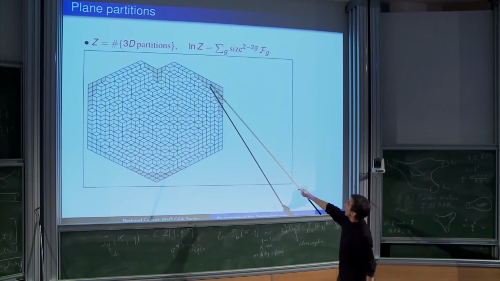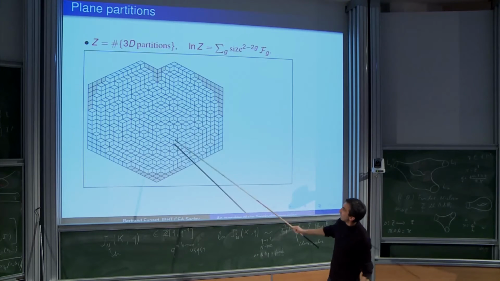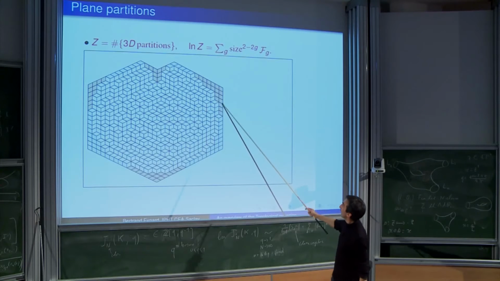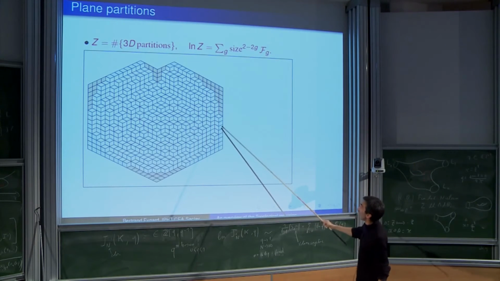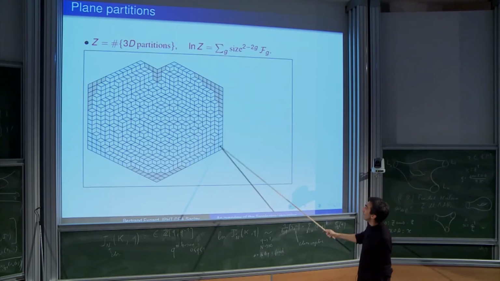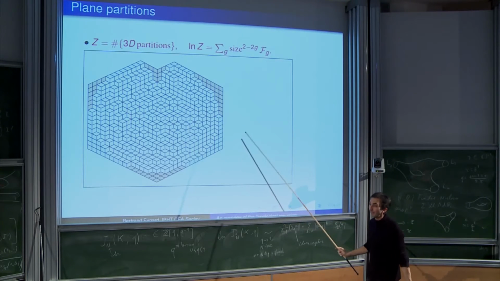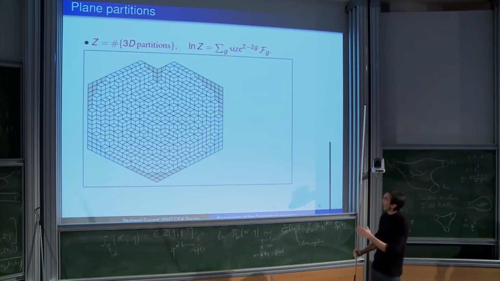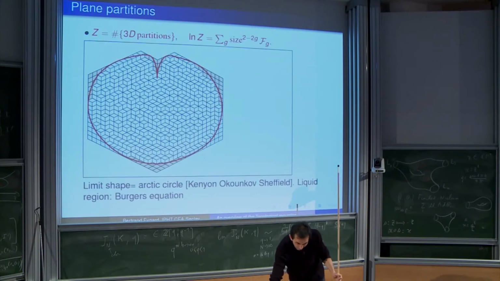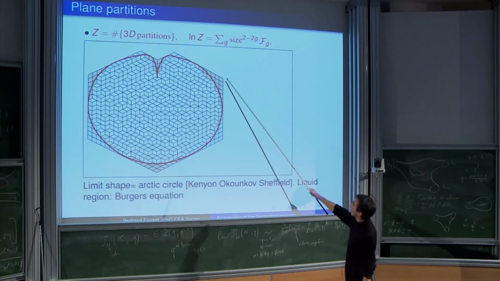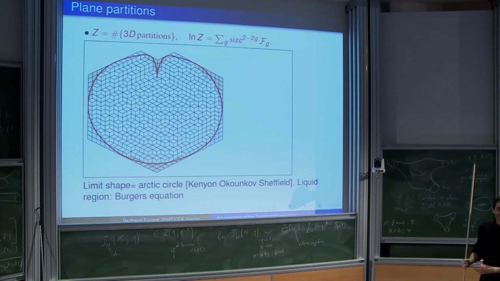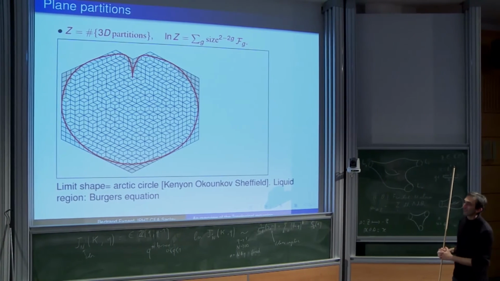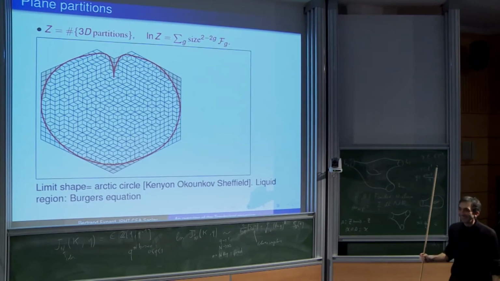And here you see there is a kind of disorder, but on those parts, cubes cannot move. It's frozen, it's called frozen. And there is a curve which separates the frozen region from the liquid region, and people call it the Arctic Circle. The Arctic Circle separates the liquid from the frozen region.